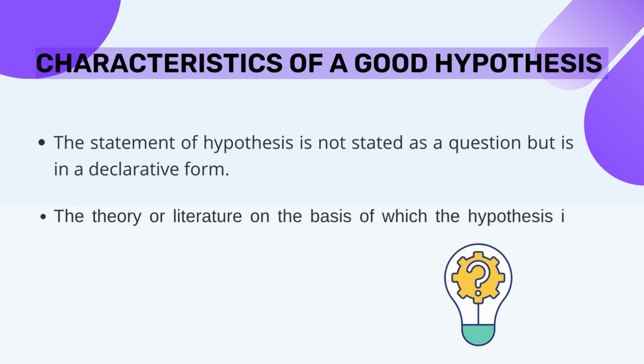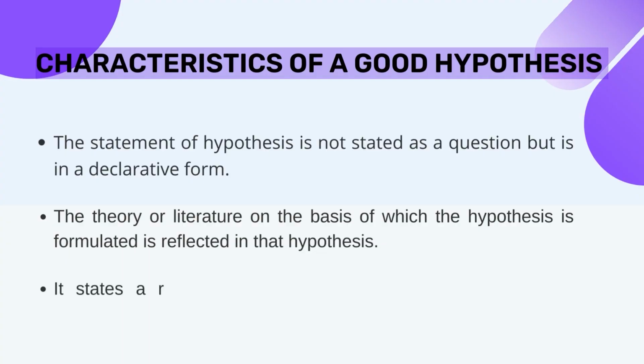Another important characteristic is that when we formulate a hypothesis, it should be based upon some theory or literature, means what you have learnt, what you have understood about the related literature on the topic, that must be reflected in the hypothesis. So the process of hypothesis formulation based upon theory is supposed to be good.